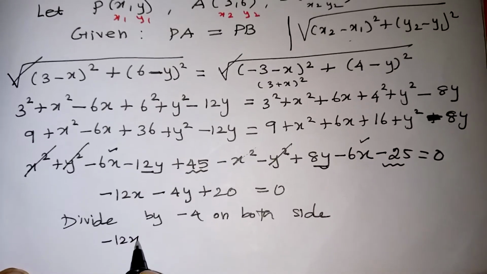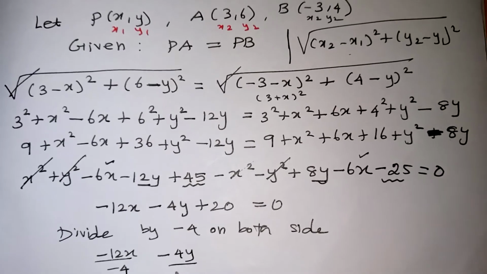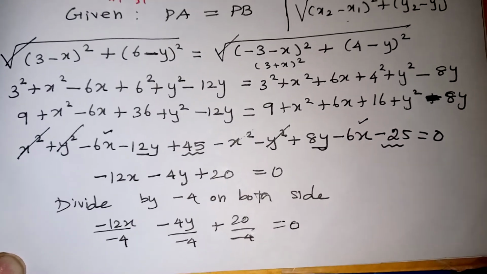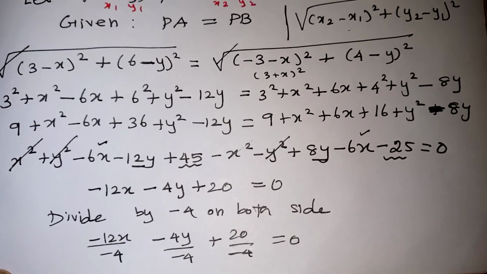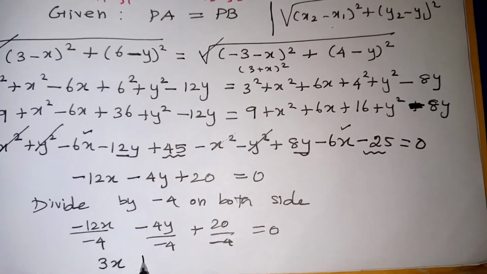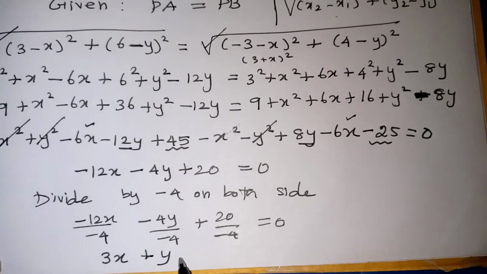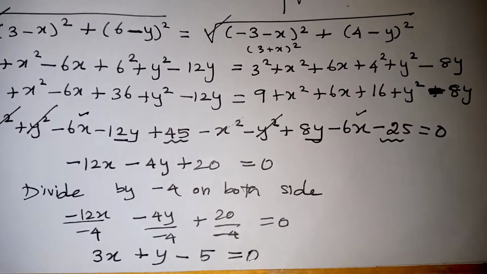So minus 12x by minus 4, minus 4y by minus 4, plus 20 by minus 4, which is equal to 0 we are getting. So for cancellation, 12 by 4, minus minus will get cancelled, so 3x. Minus minus will become plus, 4 will get cancelled, only y will be available. Plus into minus will become minus, 4 5s are 20, which is equal to 0.